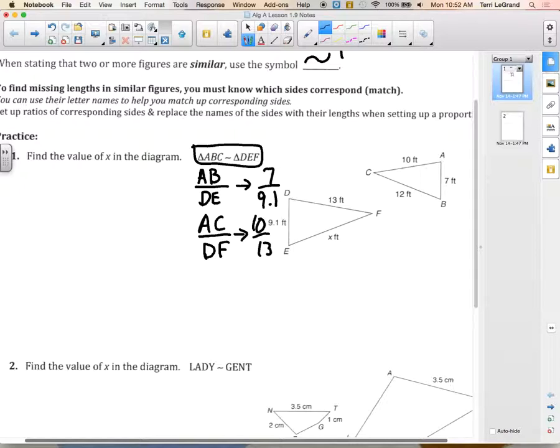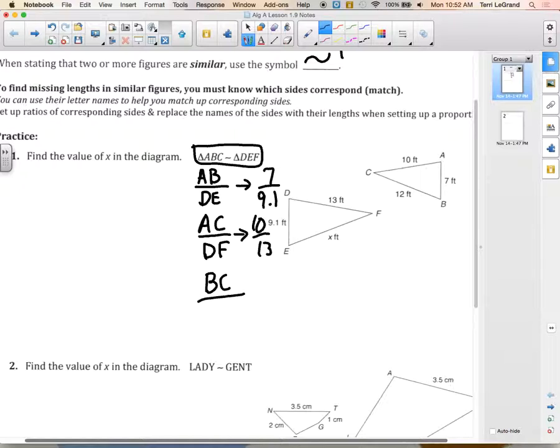Okay, are there any other corresponding side relationships we can set up in this pair of triangles? Jossie? EF and BC, but we're going to stay with the one on top coming from the same triangle, so we're going to say BC, because in our other ratios we were using the letters from the first triangle in our numerator, so we've got to stay with that.